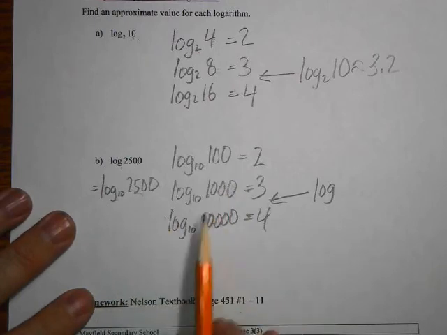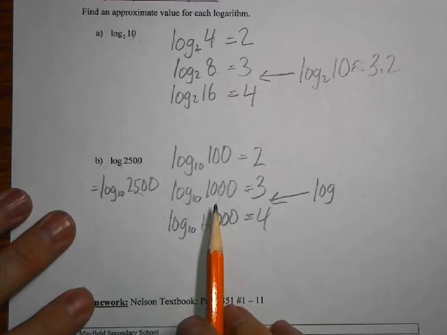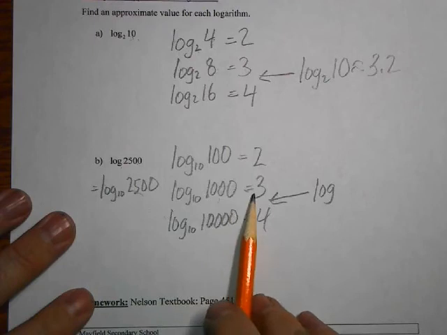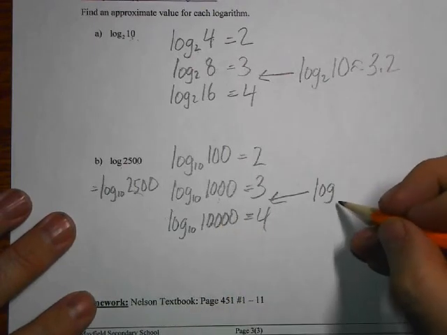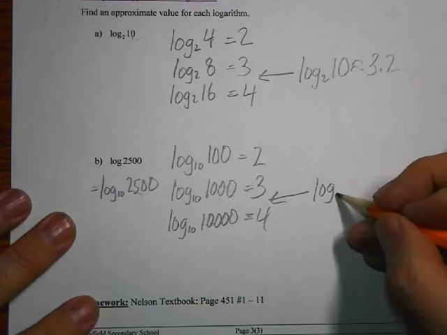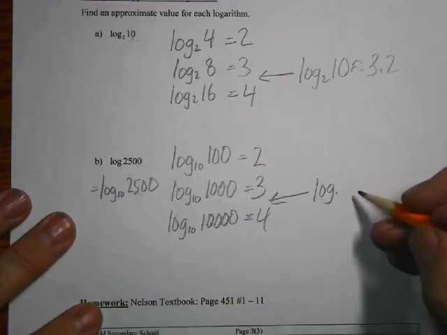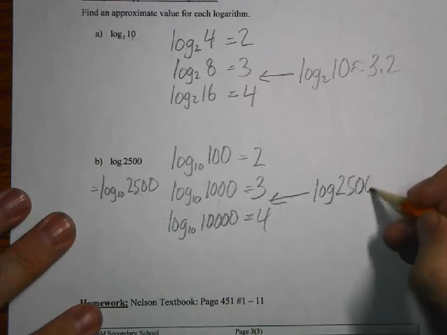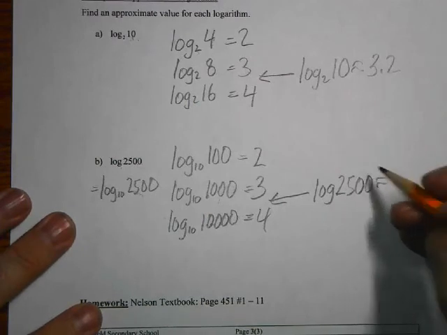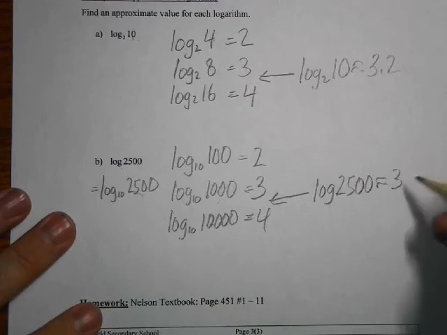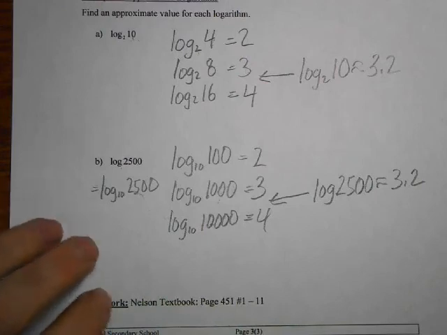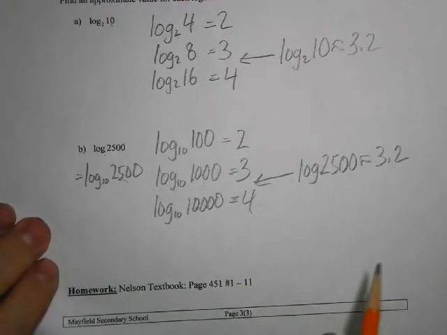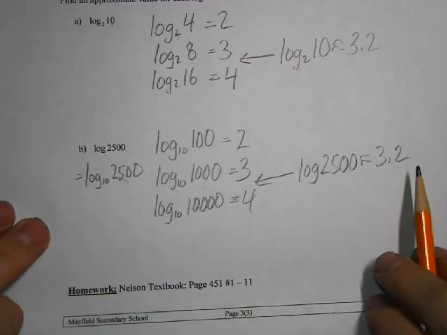I can't just say it's going to be exactly 20% higher than this. I'm not going to put a lot of thought into this. So this time I'll just take out the base 10. Log 2,500 is approximately equal to 3.2 again, just because it is a lot closer. Not much more to it than just an intelligent guess.